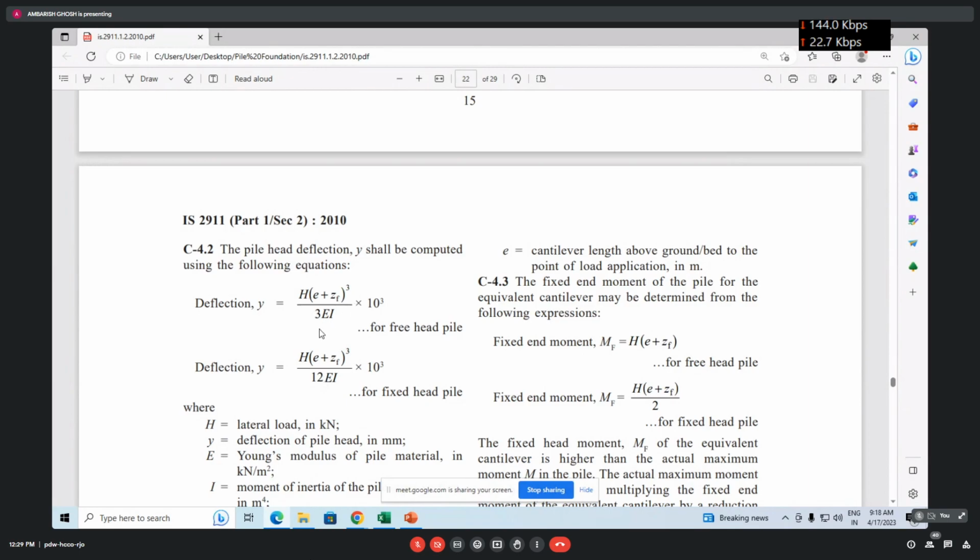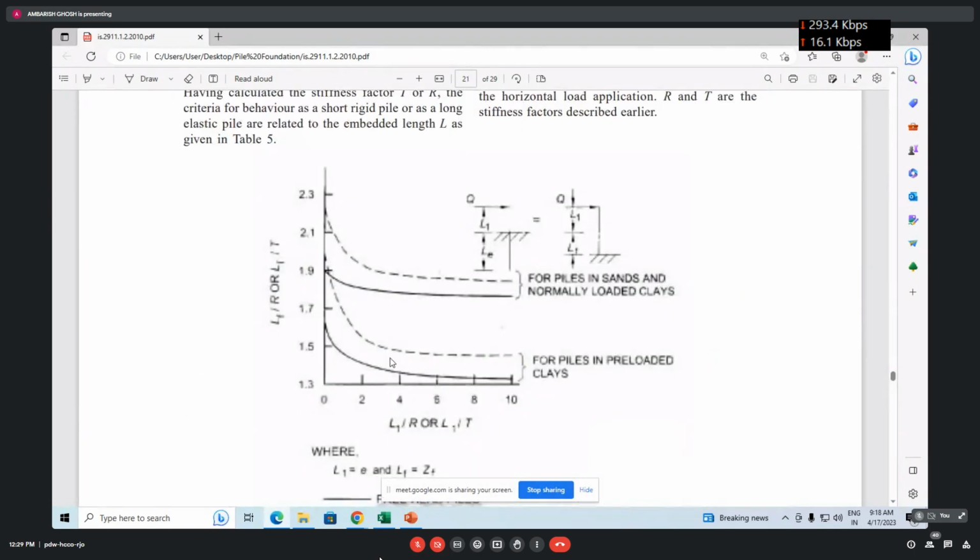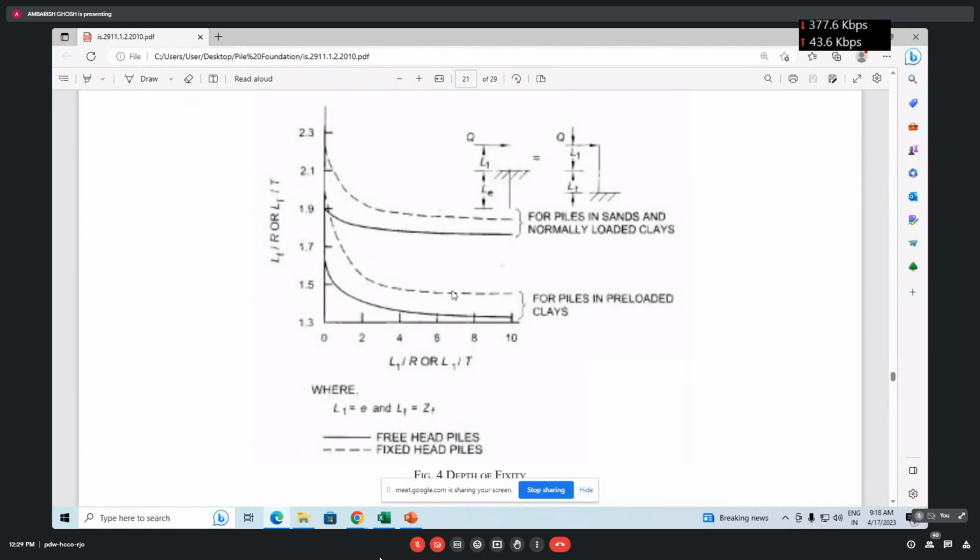So now, if Y is given, can you calculate H for free head and fixed head condition? Other parameters are known to you. You have calculated already ZF, but that will be for fixed head pile, and free head pile will be a different value. This is what we have got for fixed head pile, and for free head this is less, 1.62 or something like that.